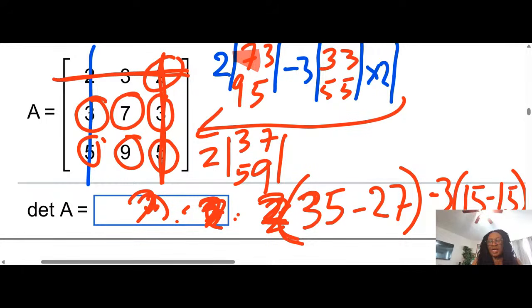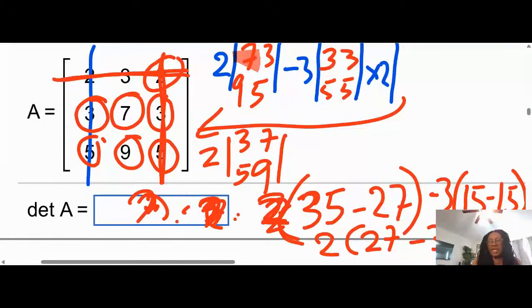So 3 times 9 is 27. 27 minus 35. So we have 2 multiplied by 27 minus 35. Okay, so 35 minus 27 is 8.